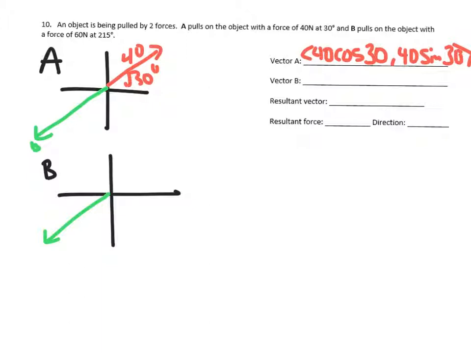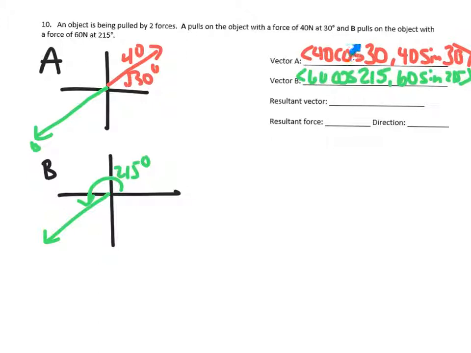So this is 215 here. So my vector B would be 60 cosine 215, 60 sine 215. My resultant I get by adding 40 cosine 30 plus 60 cosine 215.